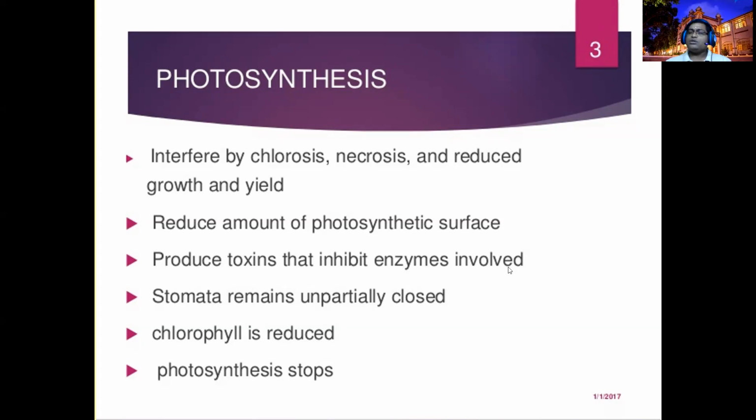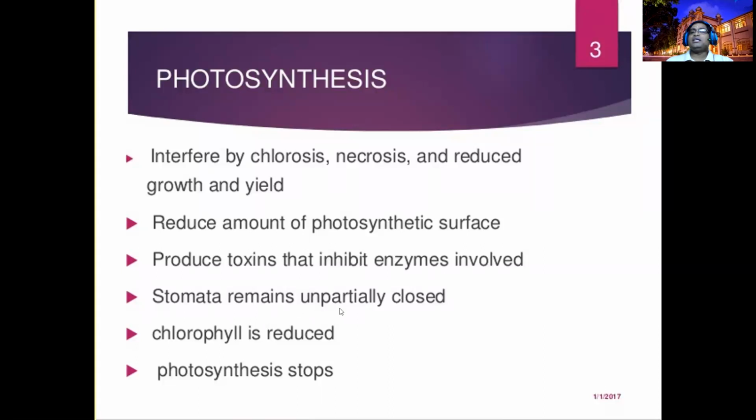If they are producing or limiting that, then your plant leaves may become small, and excessive branches will be produced in your plant. That's what you call little leaf disease in brinjal and chili and everywhere, because the enzyme function is destroyed.